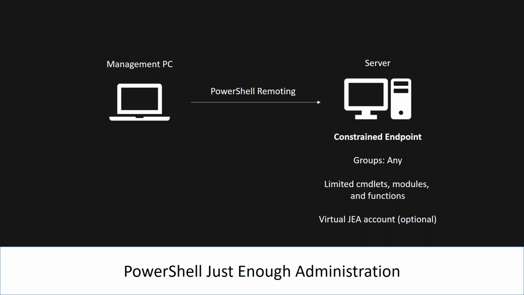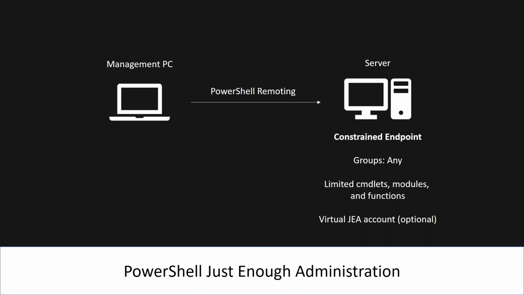Or you could say, no, I want them to have access to a particular module, maybe the DNS server module, for instance, and they can run all commandlets and functions that are part of that PowerShell module. And you can make it as restricted or as open as you want.